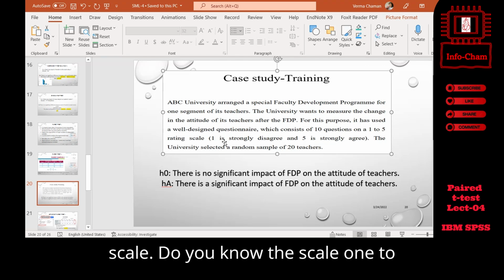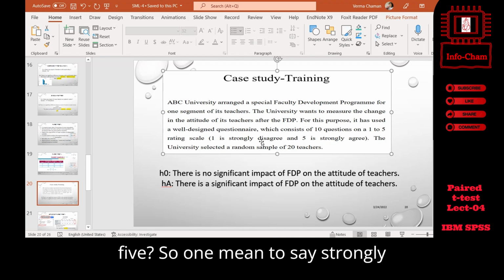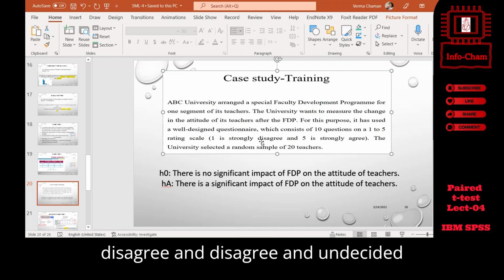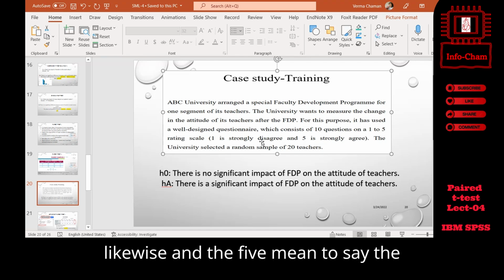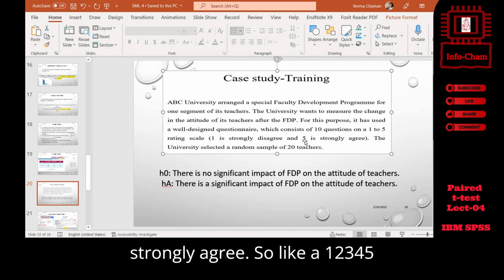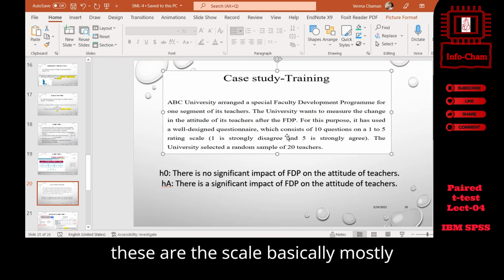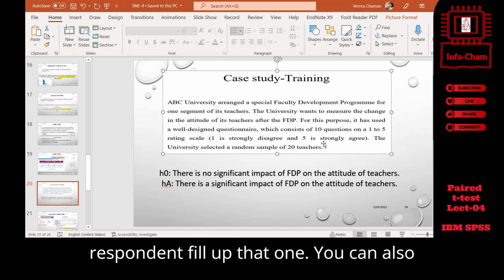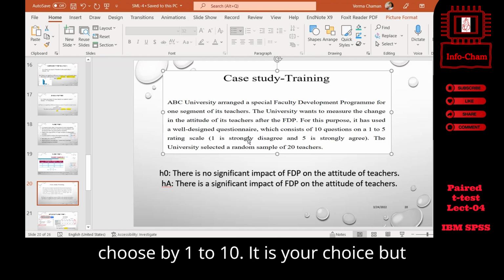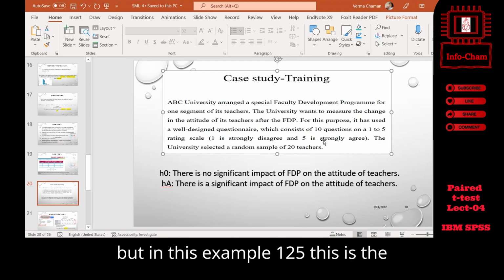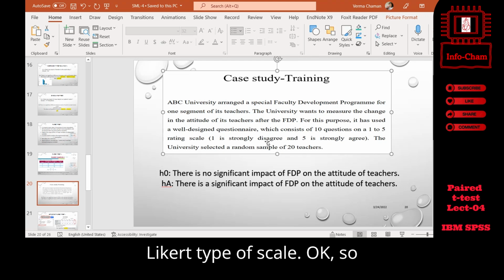Do you know the scale? 1 to 5. 1 means strongly disagree, then undecided and so on, and 5 means strongly agree. So 1, 2, 3, 4, 5 is the scale. Mostly respondents fill up that one. You can also choose 1 to 10, it is your choice, but in this example, 1 to 5. This is the type of scale.